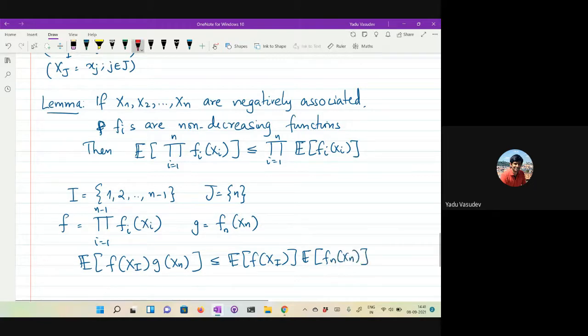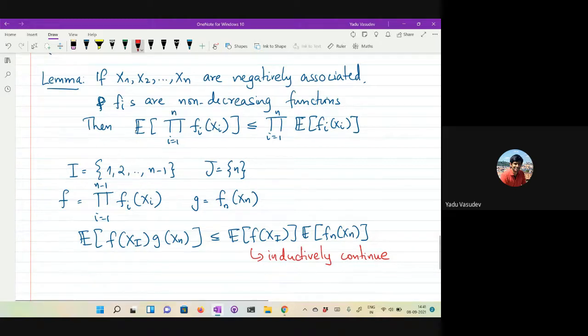And then you just continue inductively. Correct? So you can write it this way.